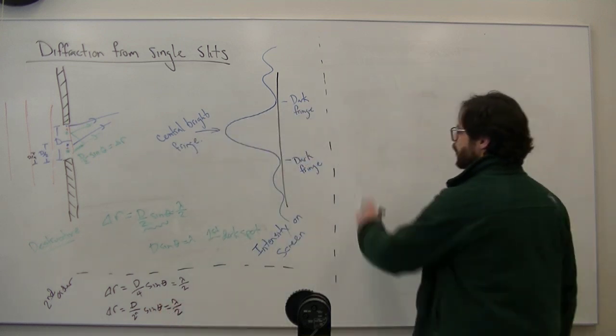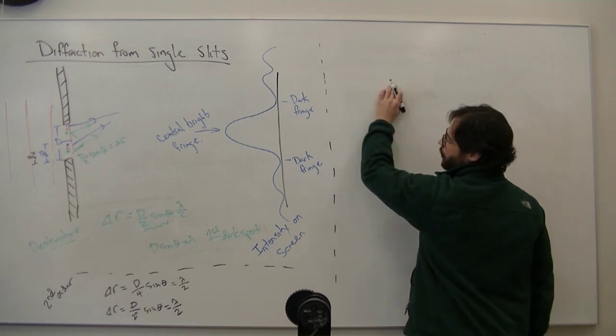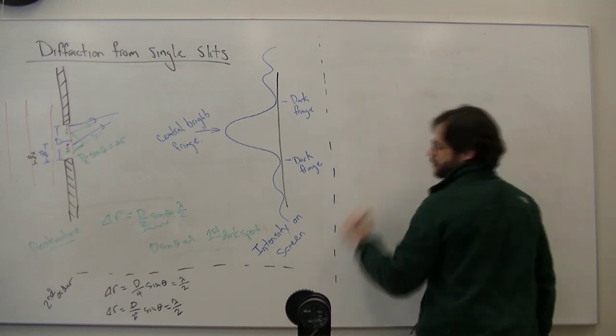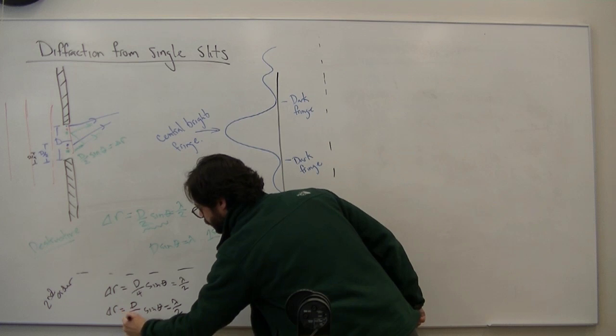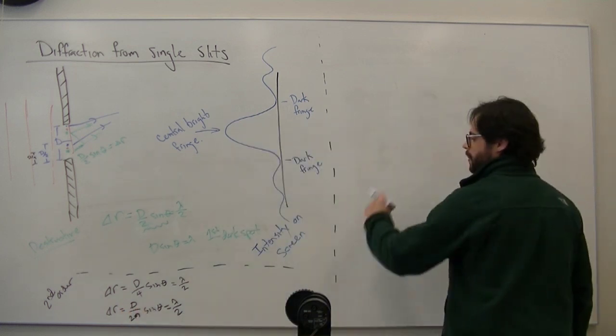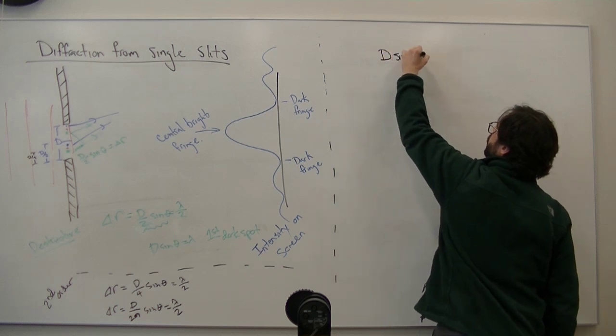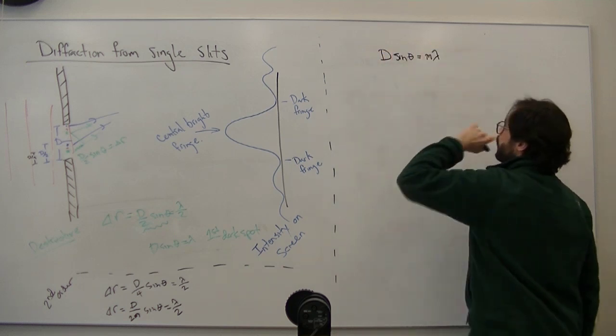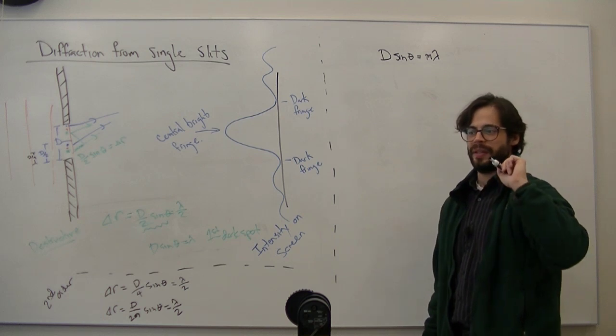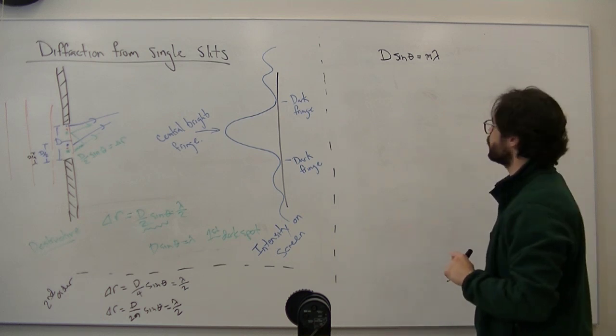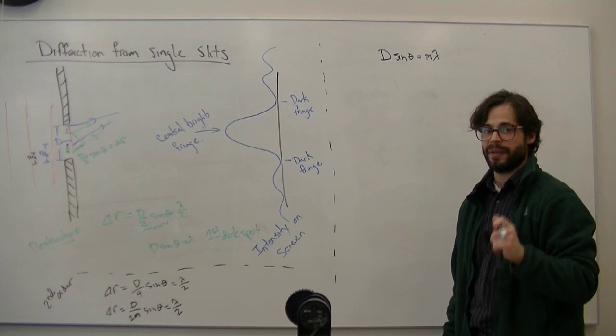So in general, what you get is the location of the mth order interference pattern. Sorry, that's 2m. I called it m, I'll keep calling it m. It is d sine theta equals m lambda, which looks a lot like the location of the bright fringes for the double slit interference pattern, but it's not.